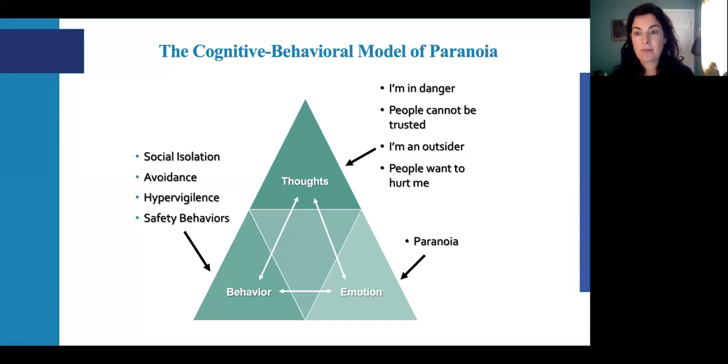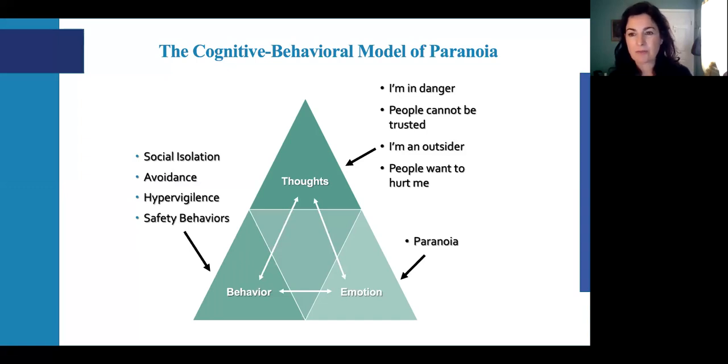And if you think about their reactions and the things that they do or don't do because of those thoughts, you might see some common things in the left-hand box: the social isolation, the withdrawal, avoiding things that they need to be doing, that hypervigilance, and then safety behaviors, which is a set of behaviors that a person does that they feel keep them safe, right?